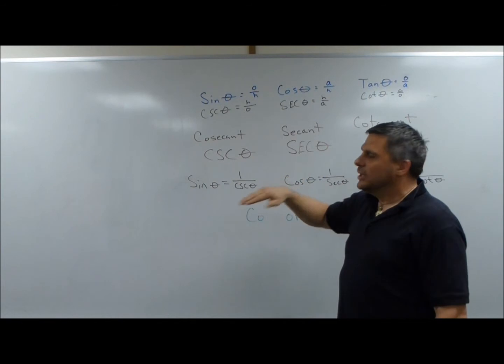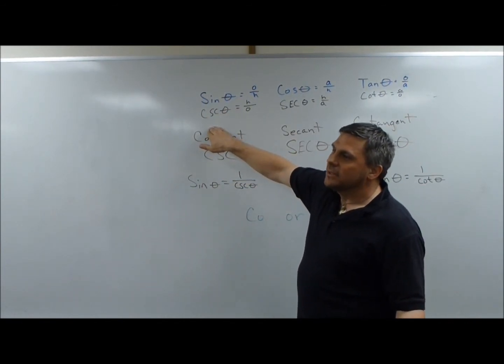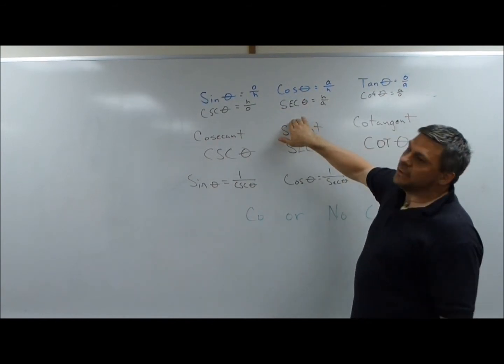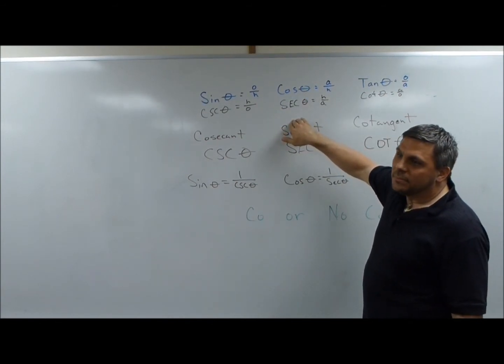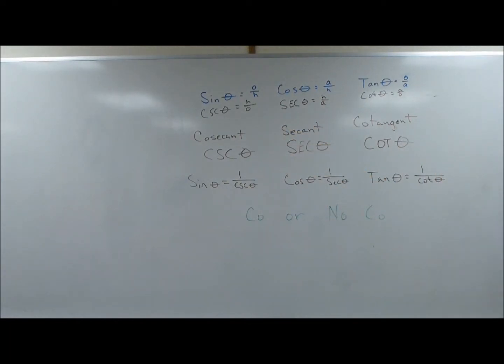If there's no co there, then the co is the inverse of it. If there's a co there, then the no co is the inverse of it. So sine, cosecant. Cosine, secant. Tangent, cotangent. And then it's not so difficult to remember the 6 functions.